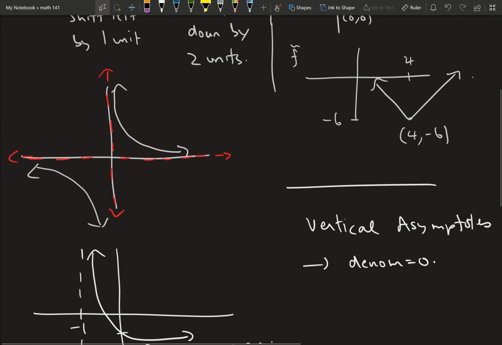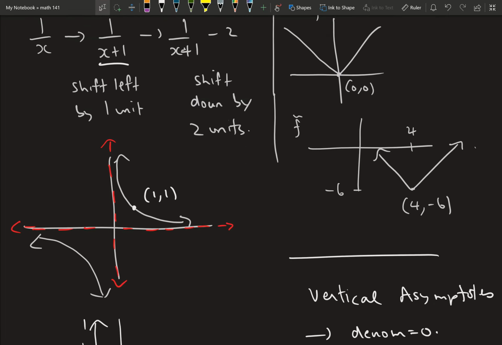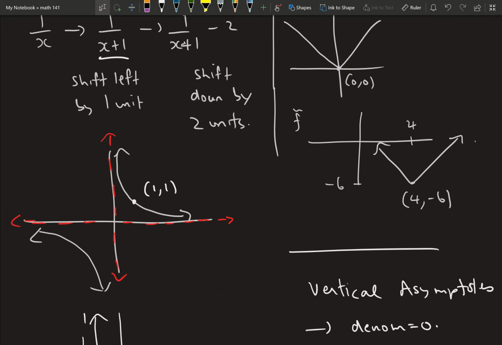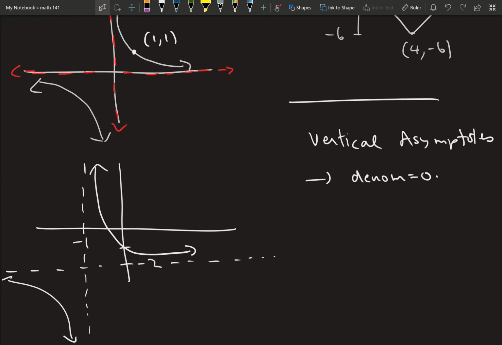Just to keep one point as reference, in the original graph, 1 over x, we had 1, 1, which if we shift left by 1 unit, the x point is going to be 0. If we go down by 2, it's subtracting 2 from the y coordinate, and 1 minus 2 is minus 1.